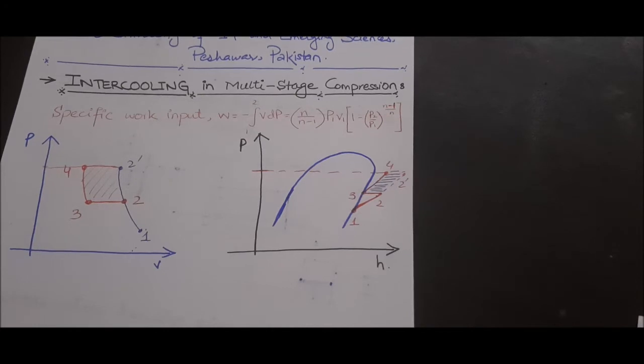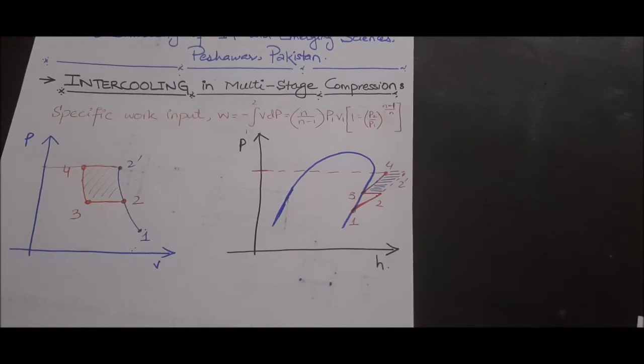Number one, we use the flash tanks, which we have already discussed for the gas removal. So we use those flash tanks for the intercooling purposes as well. So they serve two purposes: one, the removal of the flash gas, and second, the intercooling.